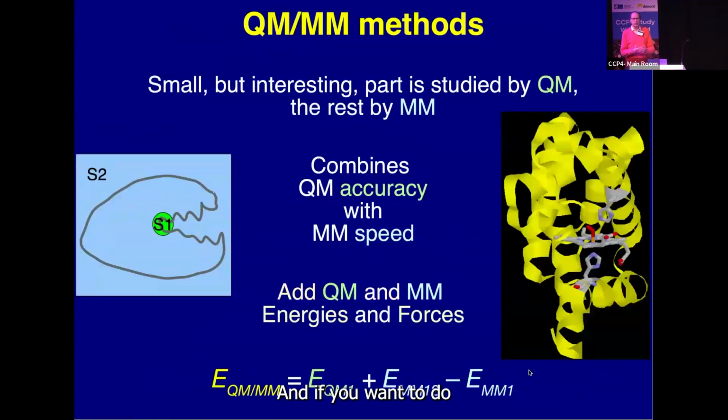And if you want to combine the best of these two worlds in computational chemistry, you use the QM/MM methods. Then you use quantum mechanics for a central system, a small but interesting system, for example where a reaction takes place. And then you have molecular mechanics for the rest, and you do that by adding the energies and forces and ensuring that you don't double count anything.